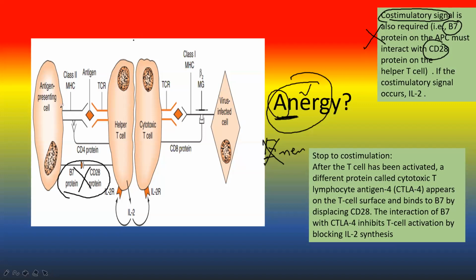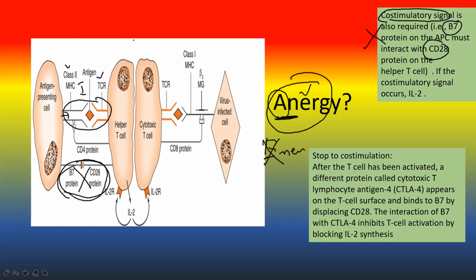Antigen enters your body, and macrophages and dendritic cells give this antigen to the T cell. This is the primary signal, MHC II with the T cell receptor. The primary signal is not sufficient for full activation. For full activation of the T cell, we need a secondary signal.